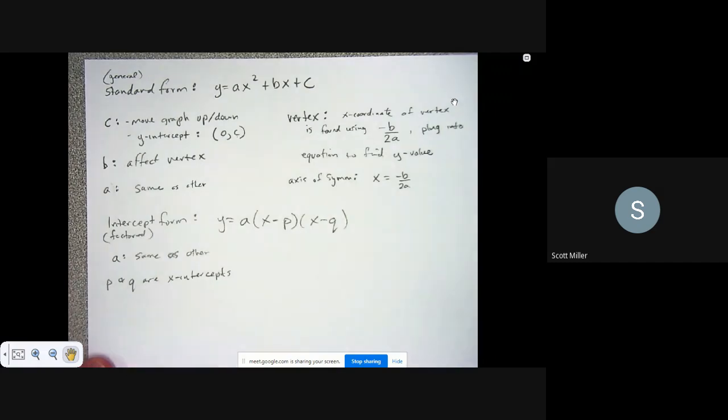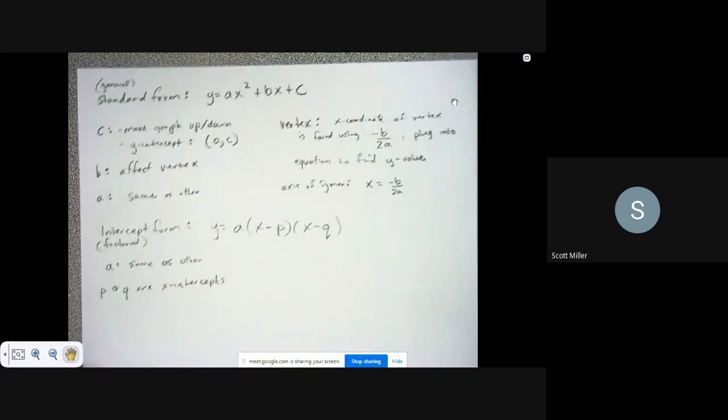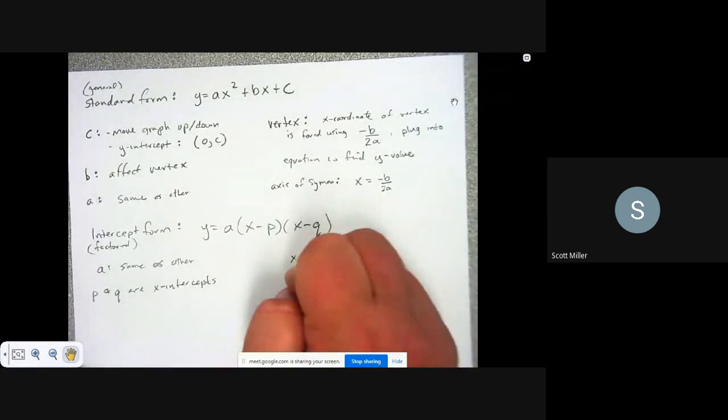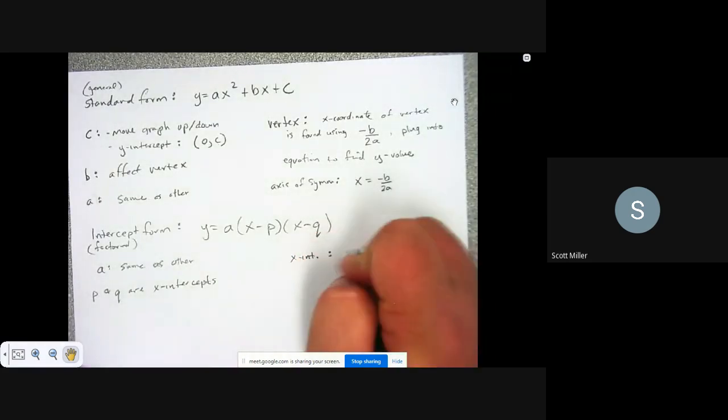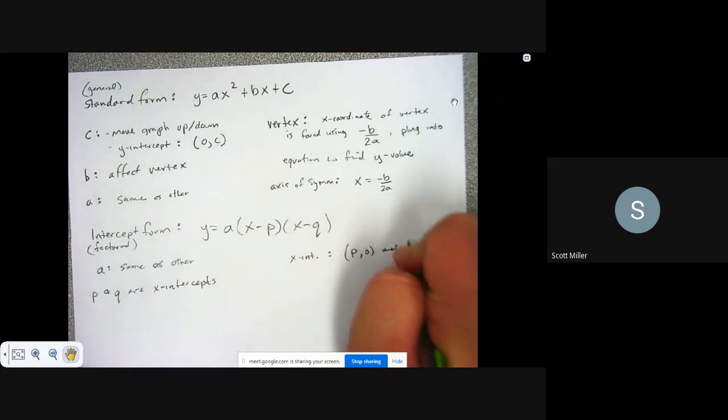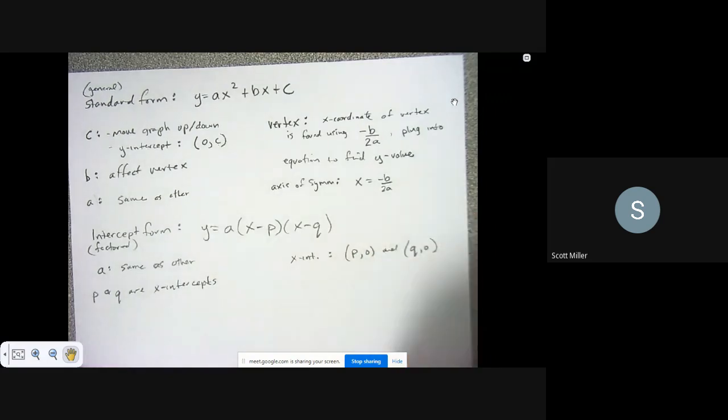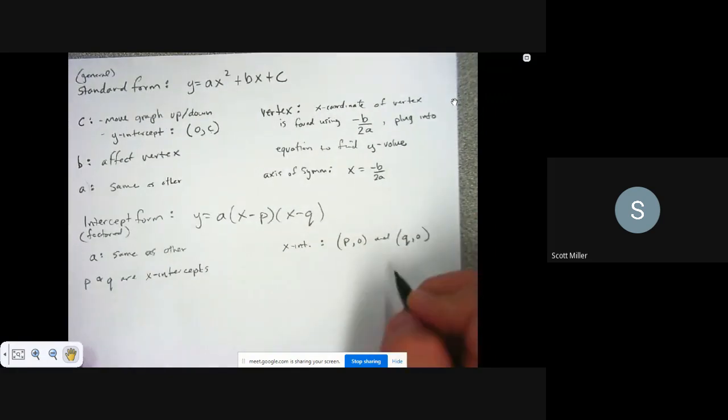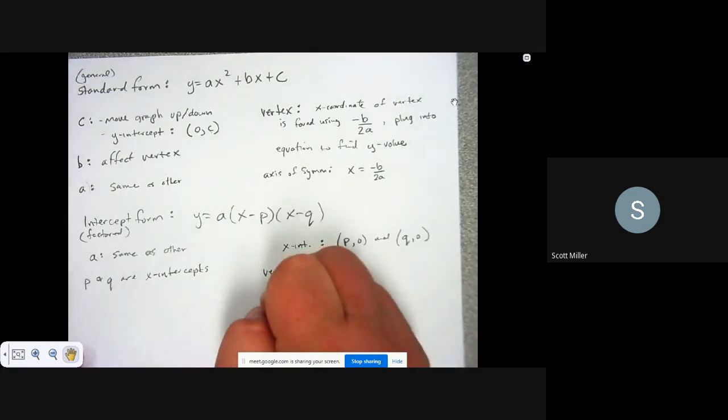Okay? Important points. These are very important points in our work. So the x-intercepts are written as points (p, 0) and (q, 0), x-intercepts. Now, how do I find that vertex?